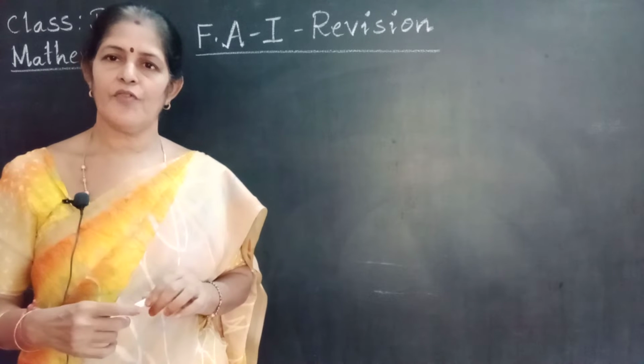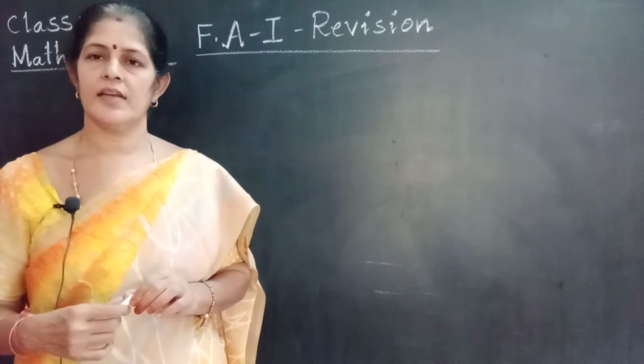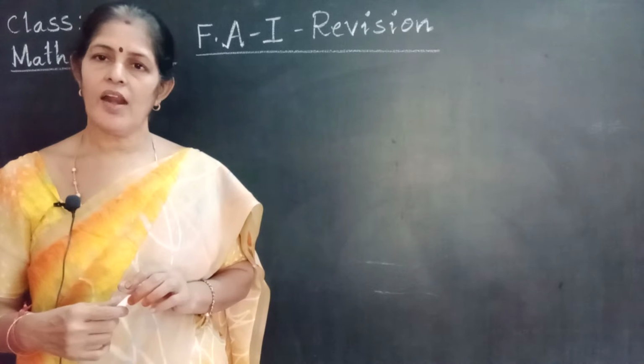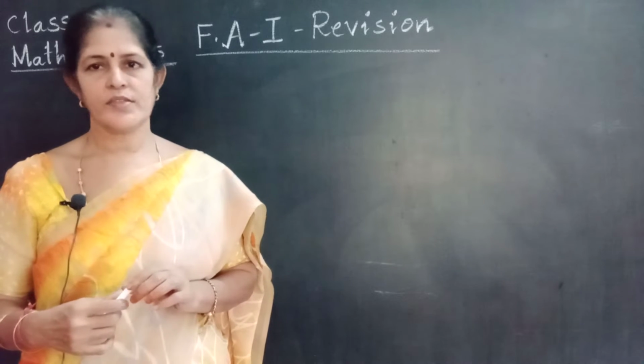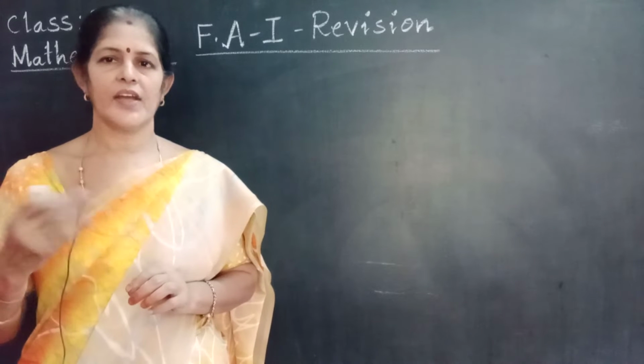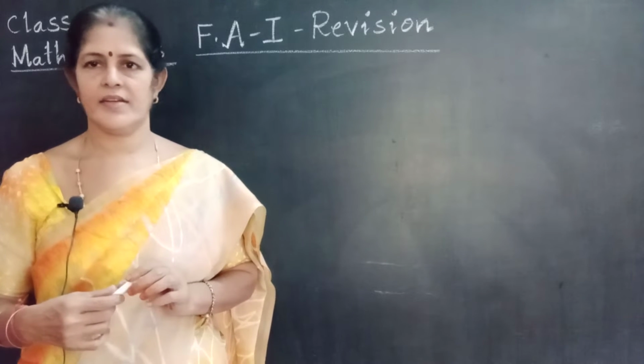In the first chapter we have the basic concepts: big and small, near and far, tall and short, long and short, inside, outside, before, after, between, above, below, on, under.